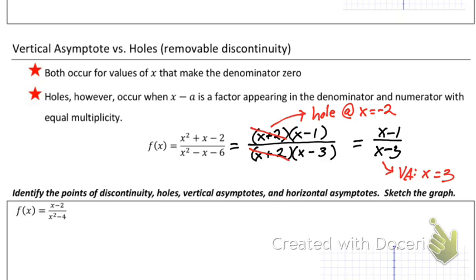The only difference from this big long equation and this one on your graph would just be a hole. This one has a hole at negative 2. This one does not have a hole at negative 2. So that's why we have to note I can rewrite this as long as I recognize there's a hole there. Otherwise, they're the exact same graph.